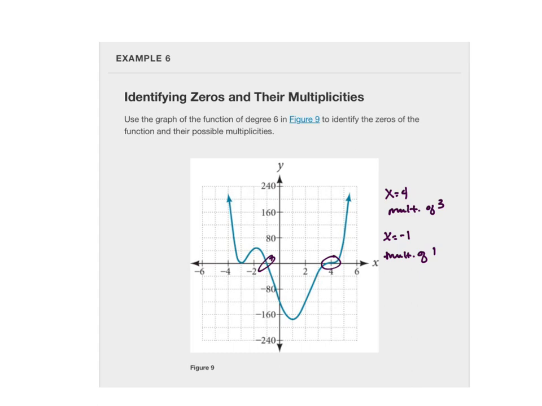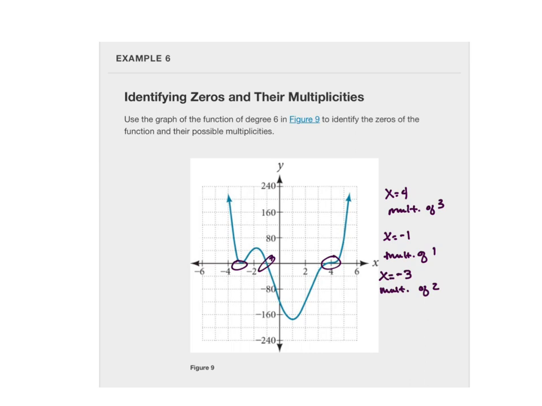And then x equals negative 3. We're thinking multiplicity of 2. Not so bad, huh? That's all we're doing. We're saying, what are the multiplicities of these zeros?